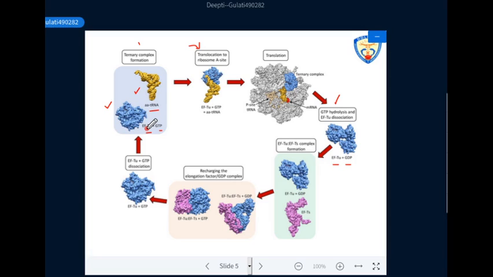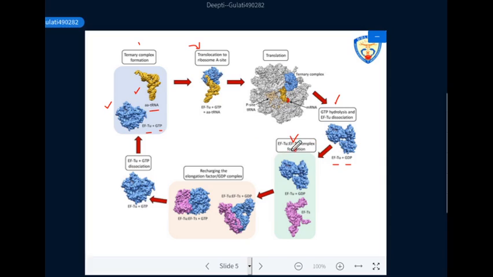Now EF-Tu, this is an elongation factor that has to again attach to the next aminoacyl transfer RNA molecule. So it again requires a molecule of GTP. So it has to exchange its GDP for another molecule of GTP. And here the second elongation factor comes in, which actually acts as an exchange factor, and that is EF-Ts.